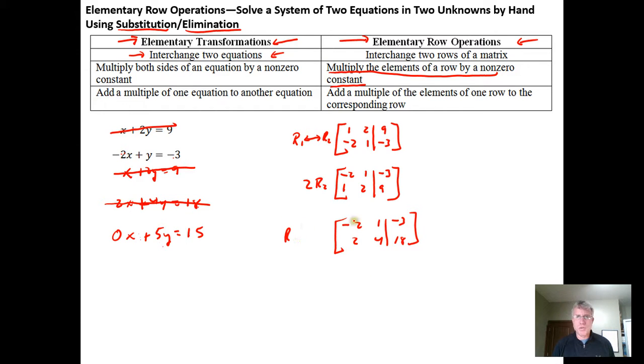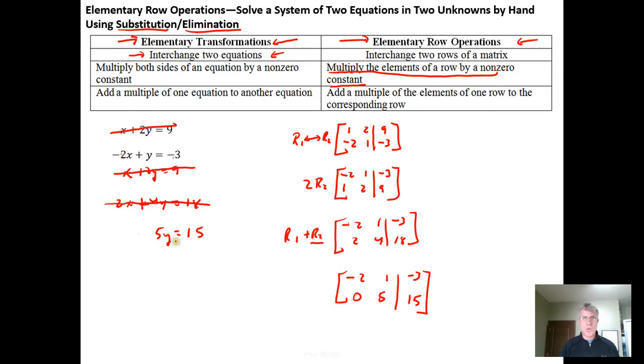So here I could do the same thing. I could say, hey, I'm going to take row 1 and I'm going to add it to row 2 and replace row 2 with the result of that addition. Keep row 1 the same, but replace row 2 with negative 2 plus 2 is 0, 1 plus 4 is 5, negative 3 plus 18 is 15. And I see here that this row corresponds to this equation right here, 5y equals 15.